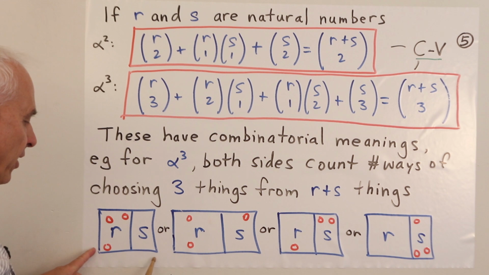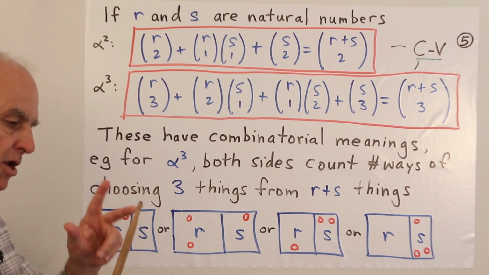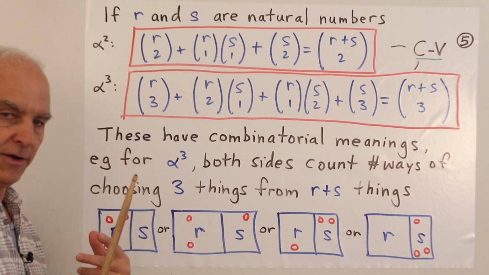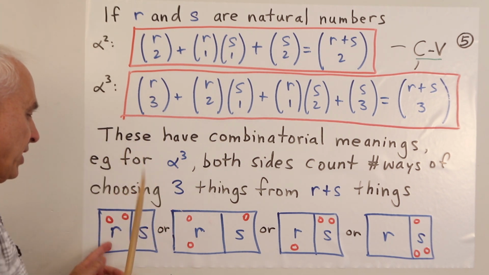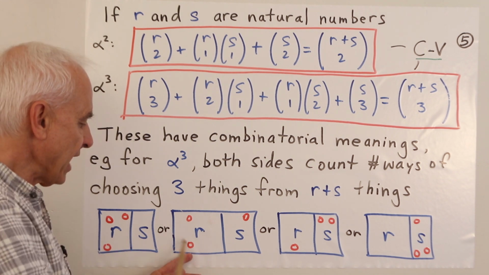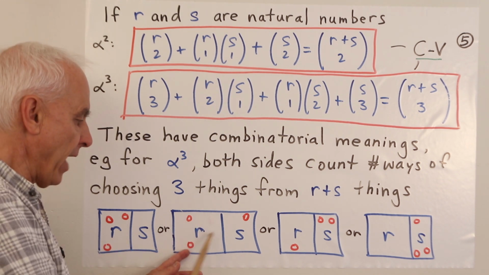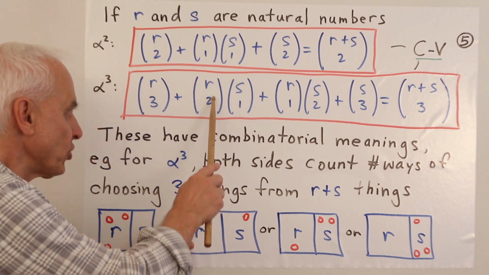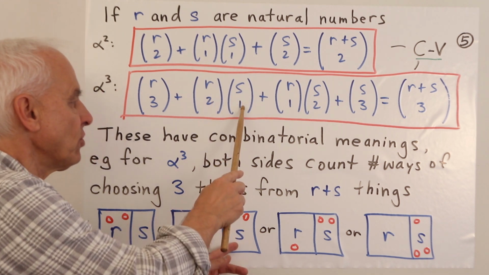So this box here is the case when we are taking our 3 objects all from the r things. There's r choose 3 ways of doing that. So here's the case where we're taking 2 from the r and 1 from the s. So the number of ways of doing it this way is r choose 2 times s choose 1.